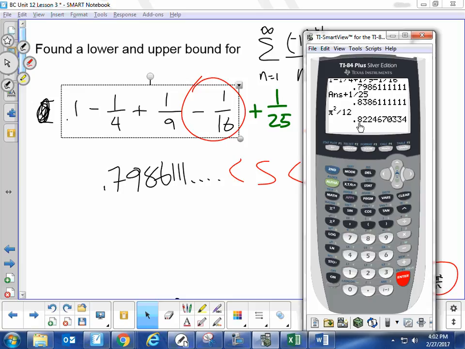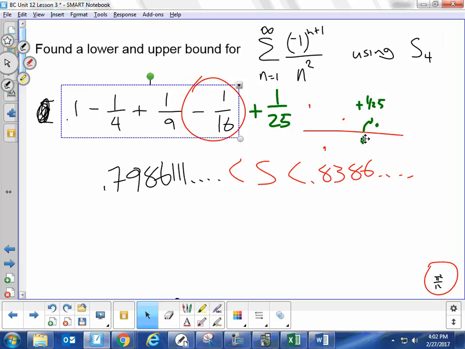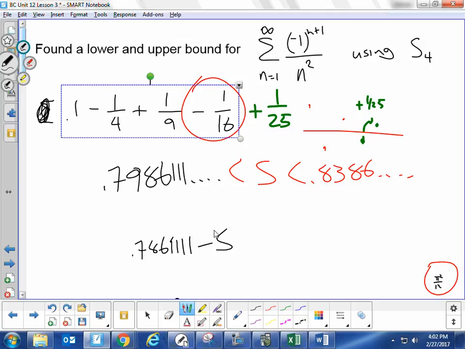If I calculate pi squared over 12, we can see that the actual value is 0.822, which is between these two values. We understand that we're getting closer to our sum each time we're adding and subtracting, and my remainder, s minus this, has to be less than 1/25. Because I'm adding 1/25 and I pop over, whereas my remainder is right there.